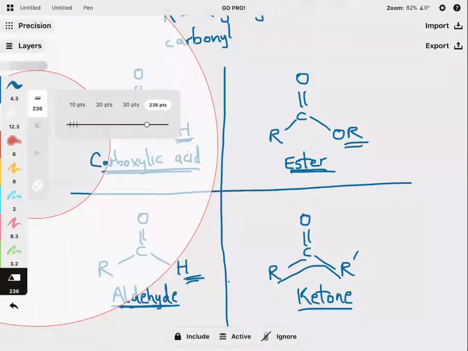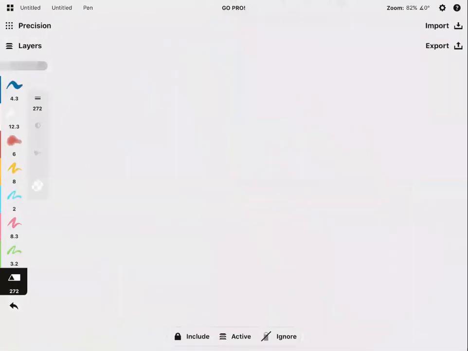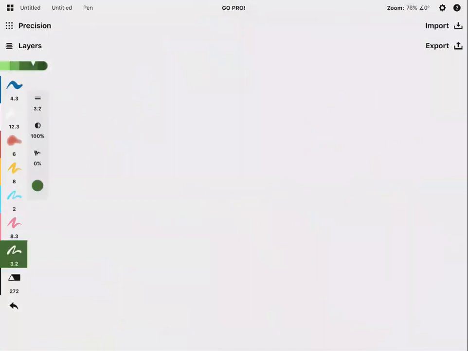So let's go ahead and erase all this. And let's go through these more quickly. So if I say we have that, I hope you said that that is a carboxylic acid.